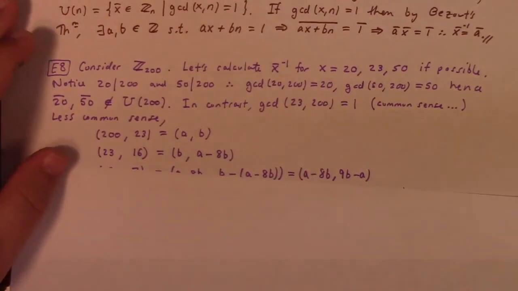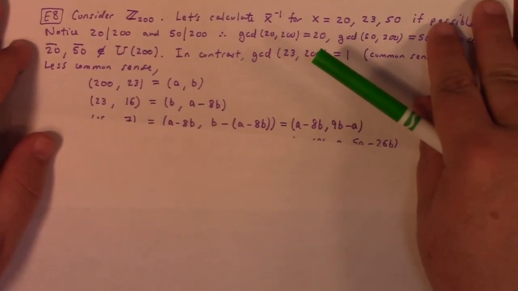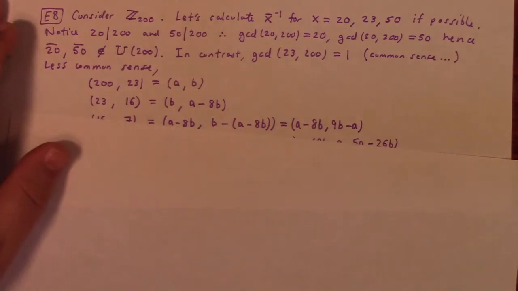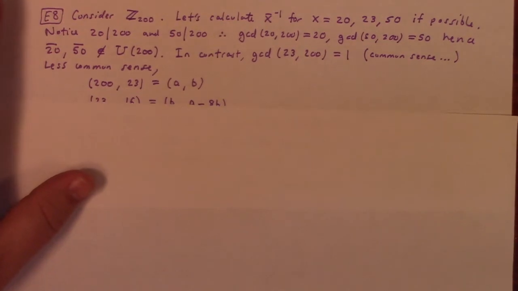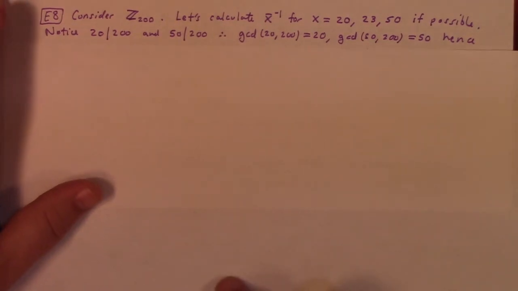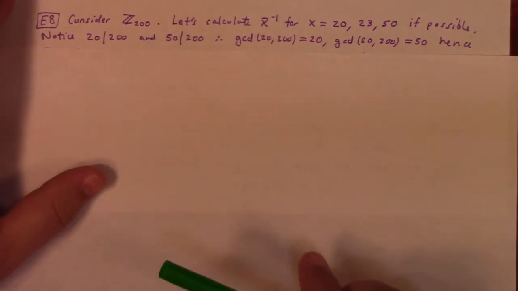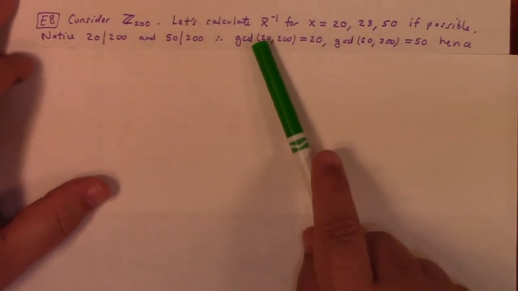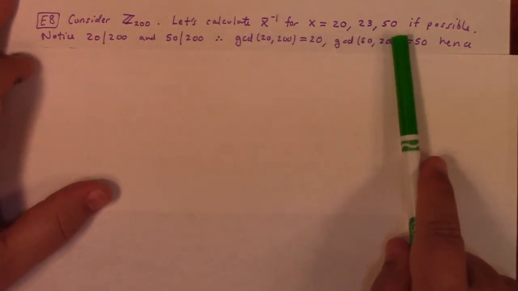n is the modulus. We usually use moduli for the plural of modulus. But anyway, here's one where I would not advise guessing. Mod 200, if I calculate the inverse of x for x equal to 20 or 23 or 50, if possible.